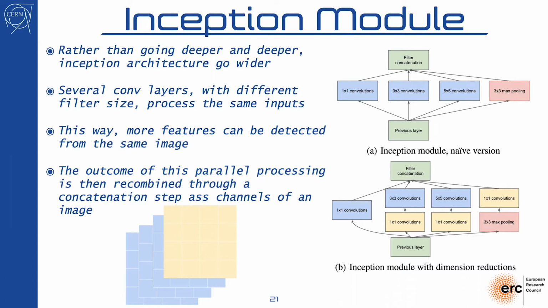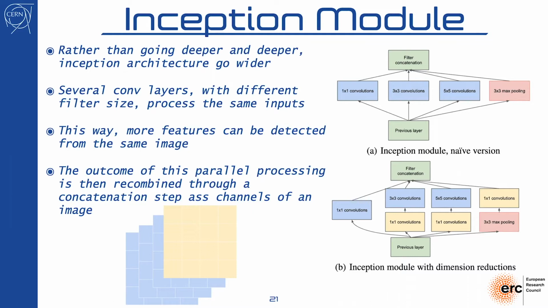And so what you do is that rather than having one set of convolutional layers with a given kernel size, you will have a set of them with different kernel sizes acting on the very same input. And then the outputs would be put back together. You would basically concatenate the outcomes.